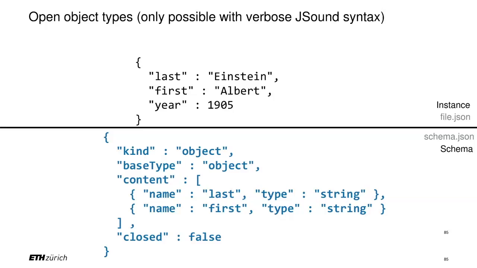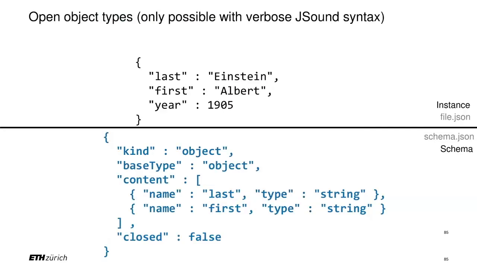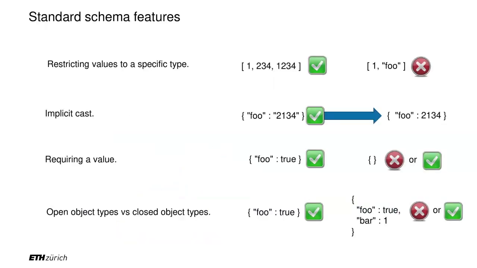Year is not in my schema, but since I'm saying it's no longer closed, any key that is not in my list is fine, and it can have whatever value it wants. So in the compact syntax, it's not allowed, but in the verbose syntax, you can extend it a little bit. You're not expected to know the verbose syntax, just so that you see it's a bit more scary than the compact syntax.